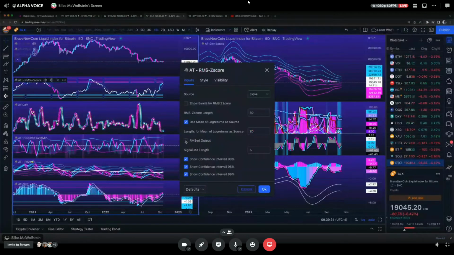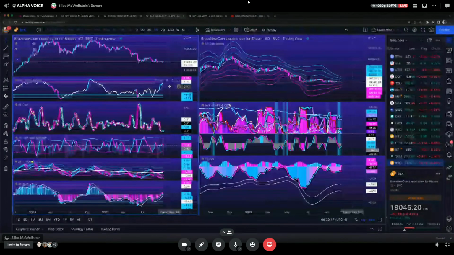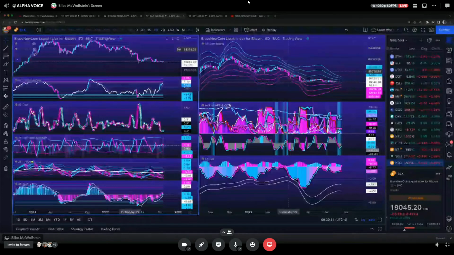Let's see here. And here's the RMS output. You can crank that on too. It doesn't change it much. So with this cross that's crossing now, with the logarithmic modification on, this cross I'm seeing here is telling me, let me just say it, I'm going to guess that downside returns are going to stop coming, aka the downside candles become smaller.